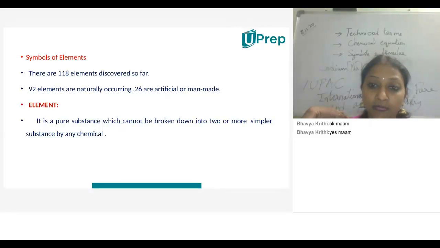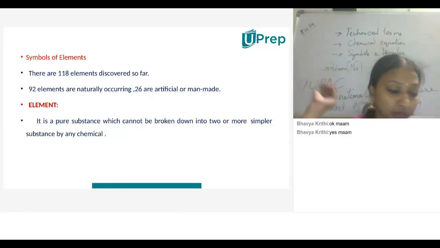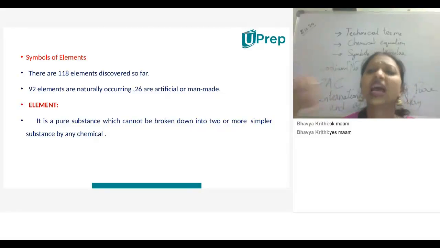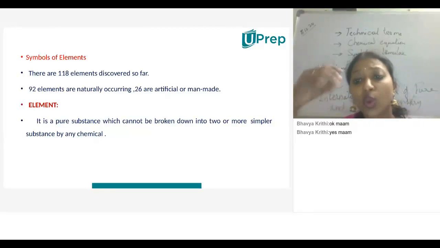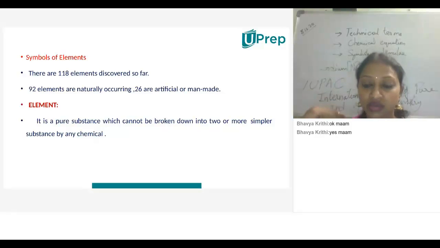Understand? So how many pure elements are there, children? Ma'am, 92. No, all 92 and 26, every element itself is pure. But artificial means they are prepared by man. Even if they are prepared by man, they are pure. Those are nothing but radioactive elements.